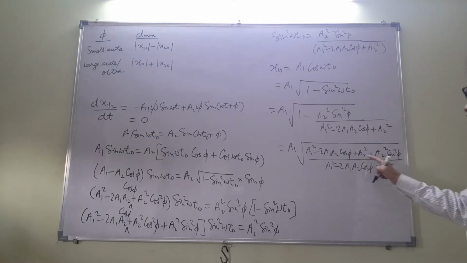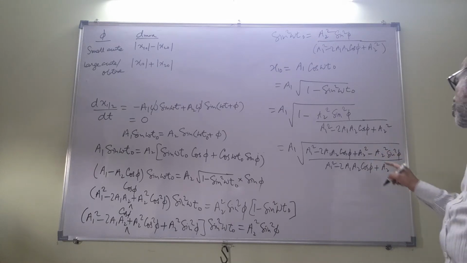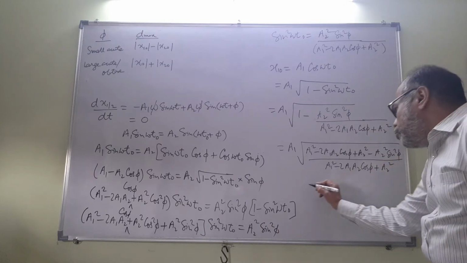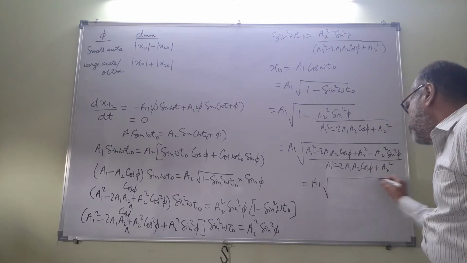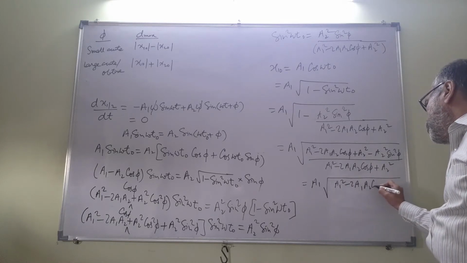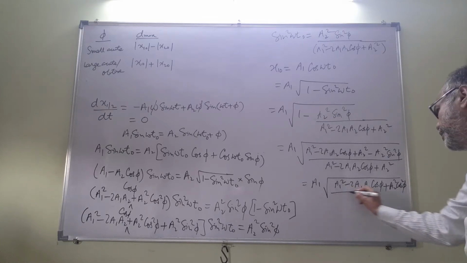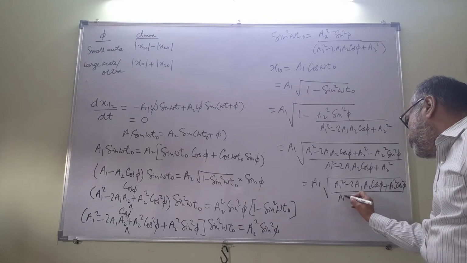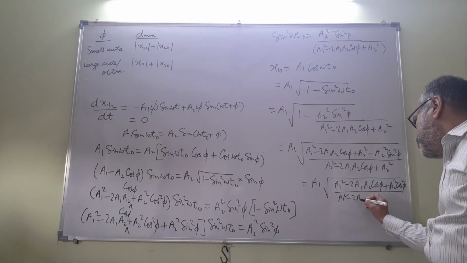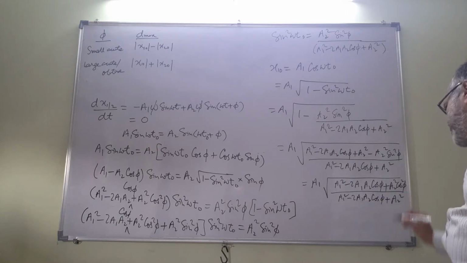Now if you take a2 squared common here, you will have 1 minus sin squared phi, which is cos squared phi. So you will have this as a1 into root of a1 squared minus 2a1 a2 cos phi plus a2 squared cos squared phi by a1 squared minus 2a1 a2 cos phi plus a2 squared.